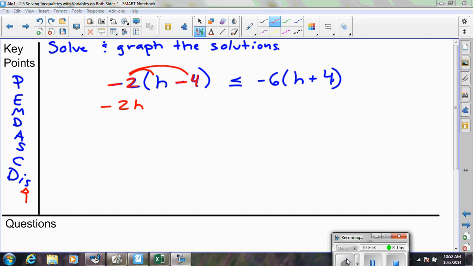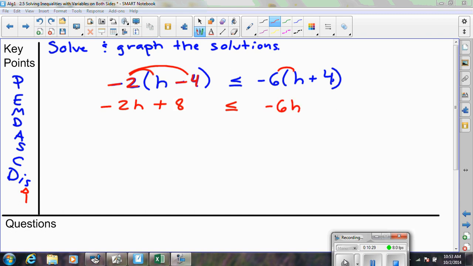That is not going to be subtract a positive 8. One of the pieces that we've been having some issues with is making sure that we actually get the signs correct here. Having negative 2 times negative 4, since it's positive 8, positives are the same as pluses, so it's plus 8. On the right-hand side, we have the same issue. Negative 6 times h, no problem, that gives us negative 6h.